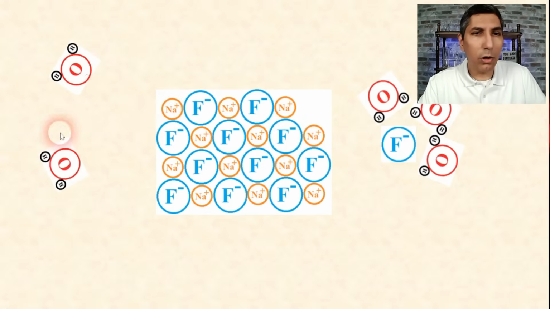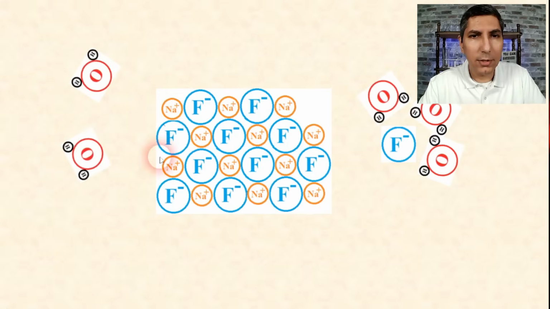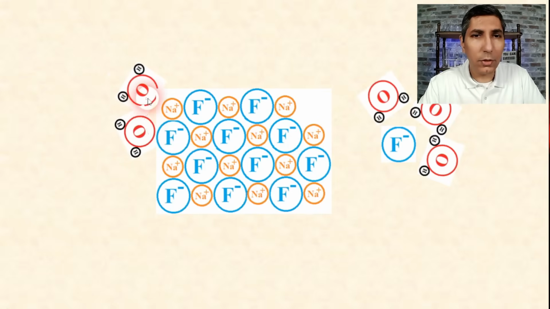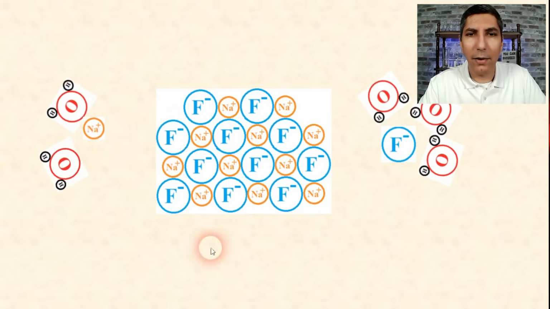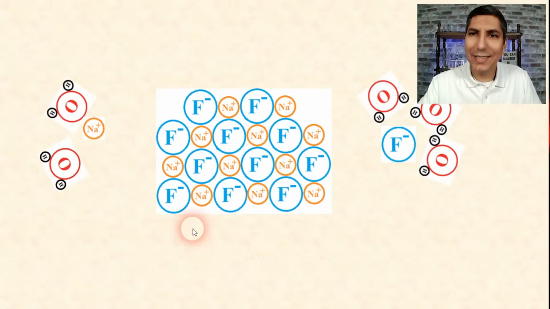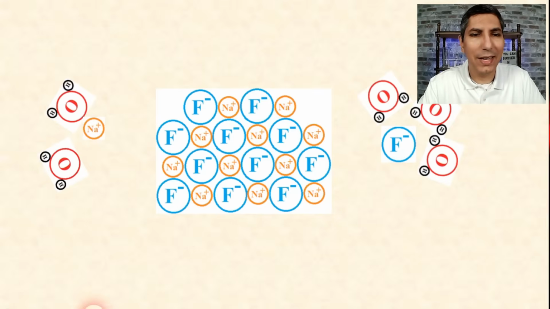If we had water molecules surrounding that sodium over there, the negative pole of the water molecules are going to be attracting the positive sodium ion. So that fairly strong ion dipole force is literally going to drag that sodium ion out of the structure. And so that's how these ionic compounds dissolve in water. You have these ion dipole forces that are actually taking place here. Very important force to know about.